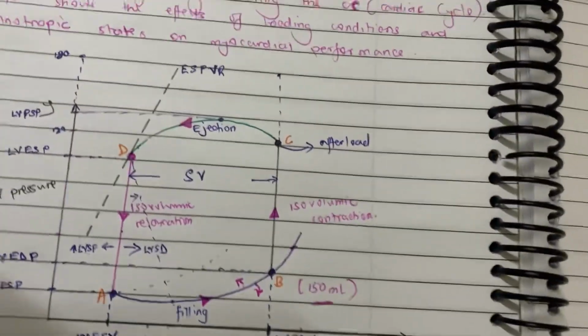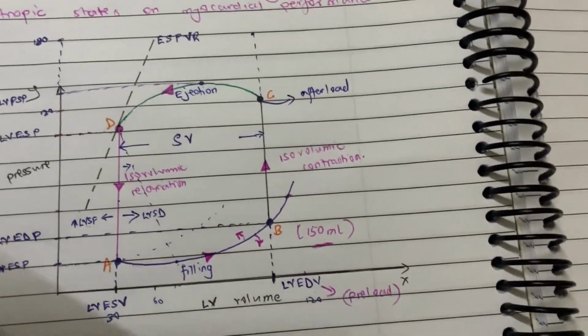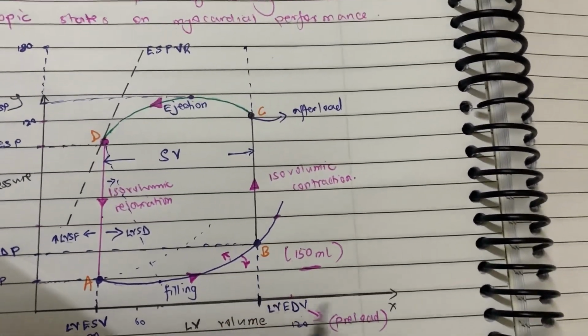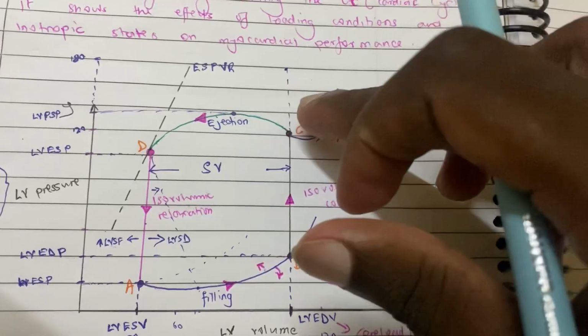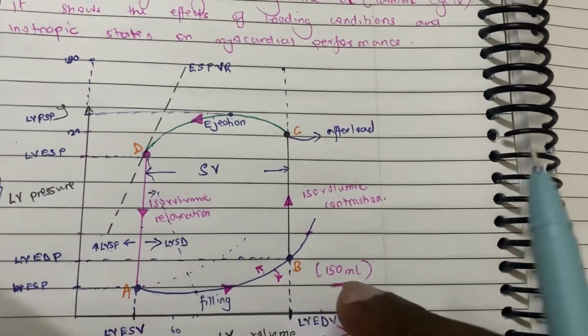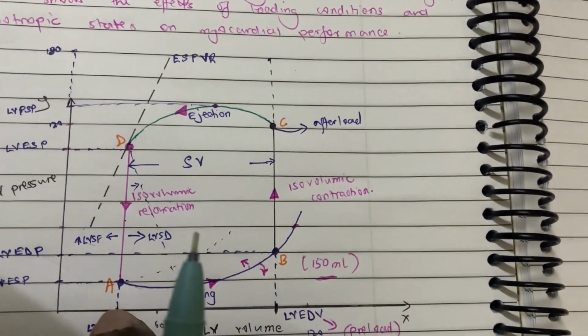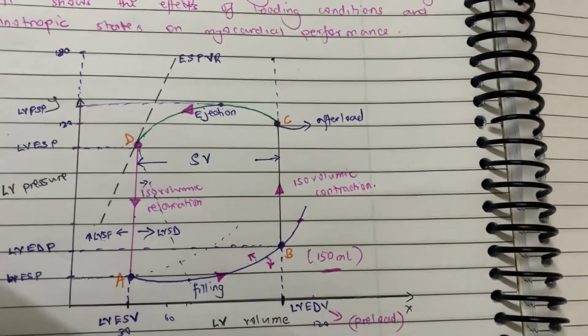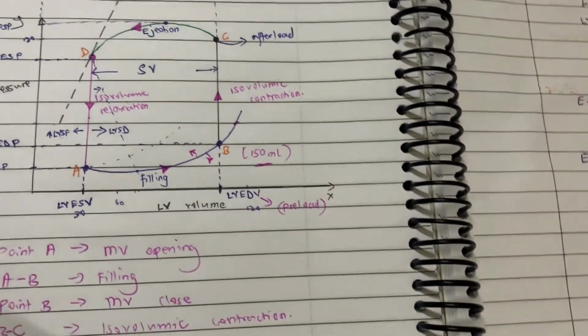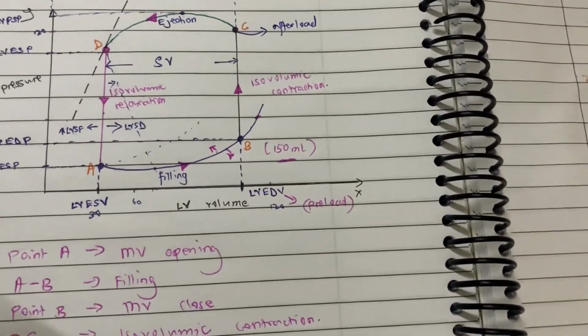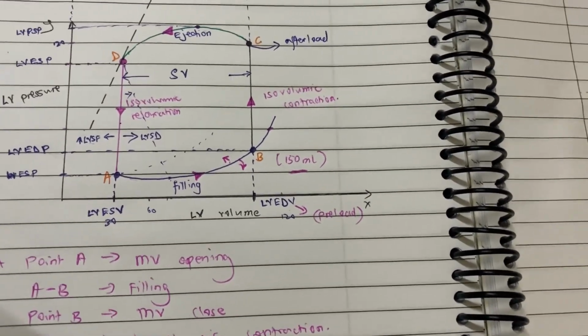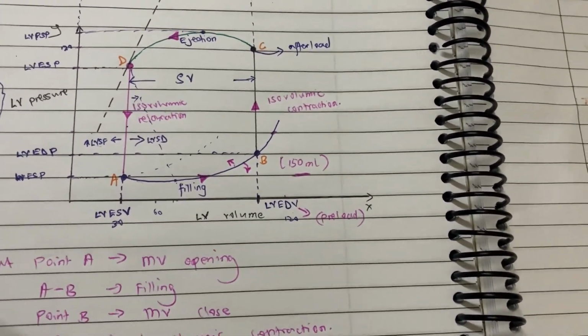When we see that increased contractility is there, like inotropic support is there, what is inotropic support? Inotropic state is a state of contractility.